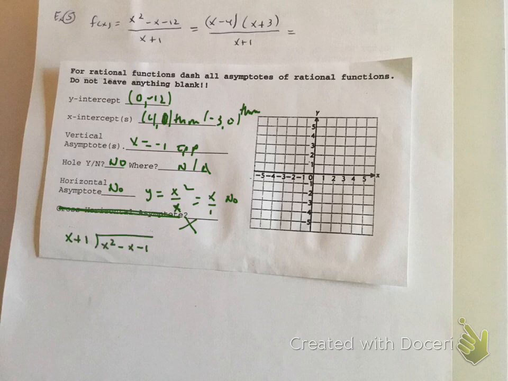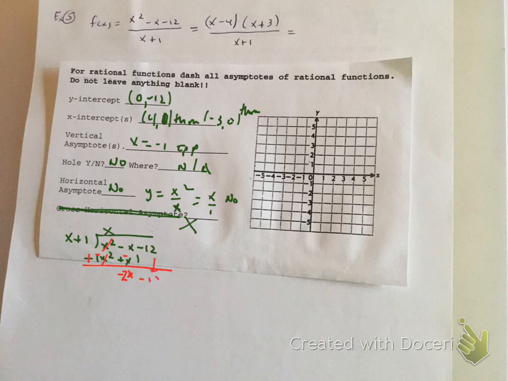x squared minus x minus 12. So x goes into x squared x times. I get x squared plus x. I have to distribute my negative. So this changes. So these subtract out. I'm left with a -x, a -2x actually.